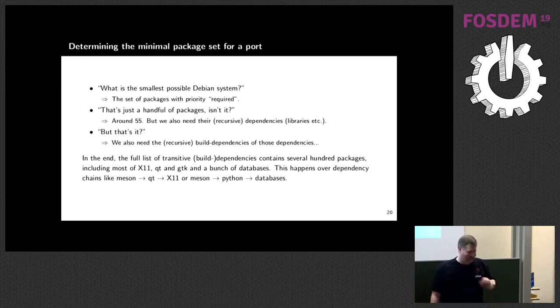Well, actually, it is. Because those packages have dependencies. They want libraries. And those libraries have dependencies themselves. And to be able to build those libraries, I need a lot of other stuff. So I need dependencies of dependencies of dependencies of dependencies to build stuff, which ends up in several hundred packages. I stopped counting at nearly 400.